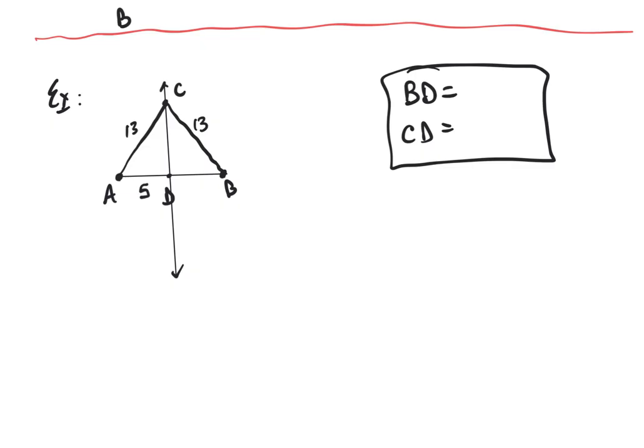Okay? Well, the idea is we're using the theorem in the other direction. If the distances from a point to the endpoints of a segment are equal, please notice A to C is 13, B to C is 13. If the distances are equal, then the line must be the perpendicular bisector of the segment.